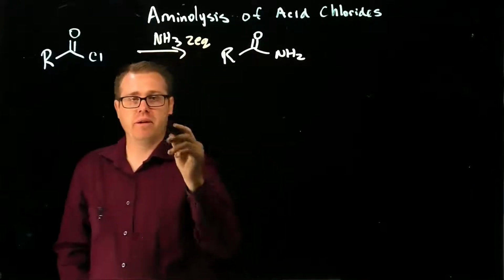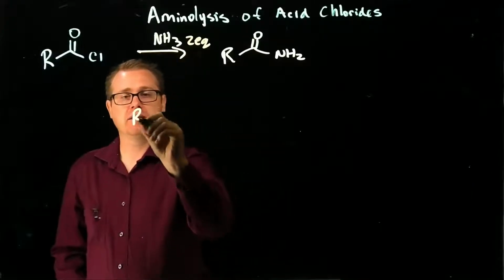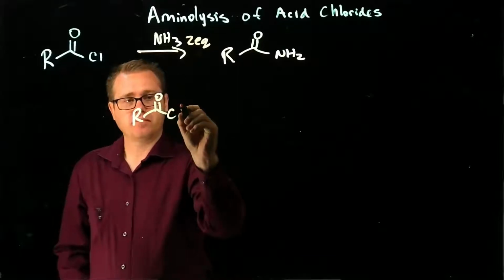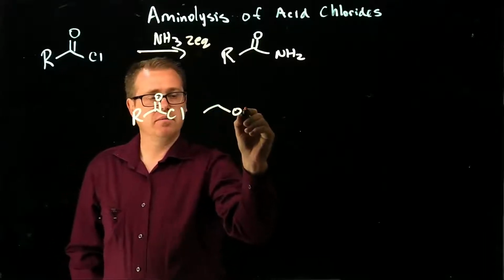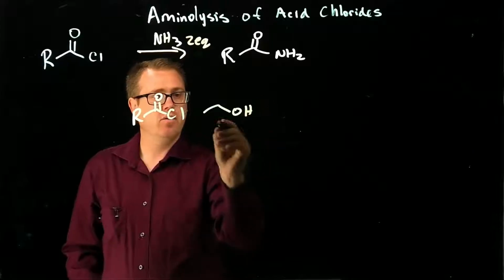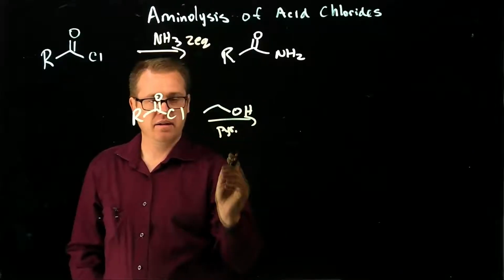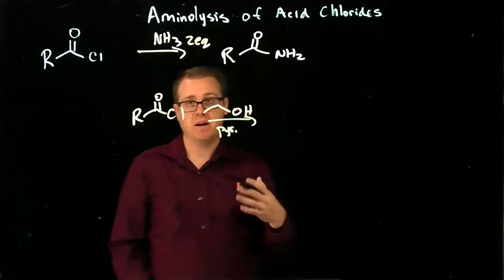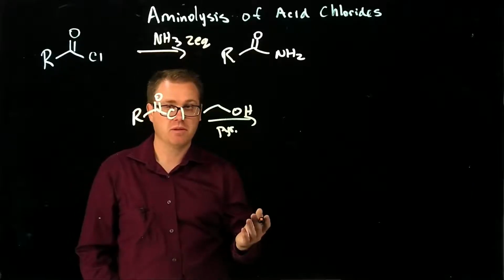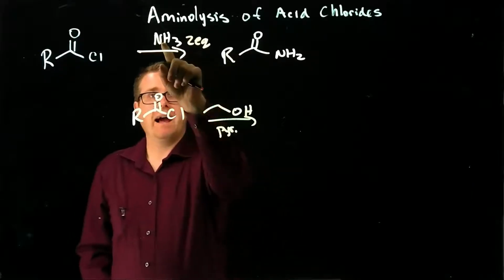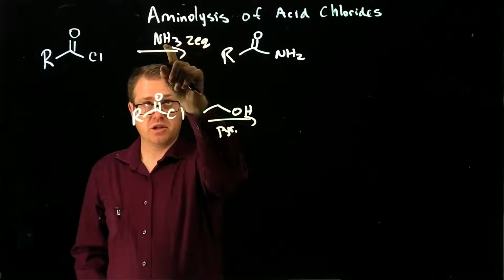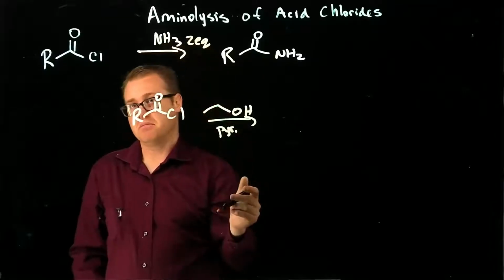So do you recall when we were treating acid chlorides with an alcohol? What did we have to do? We had to add the pyridine to mop up the hydrochloric acid that's formed. Well, when we have amines, we just do 2 equivalents of the amine.